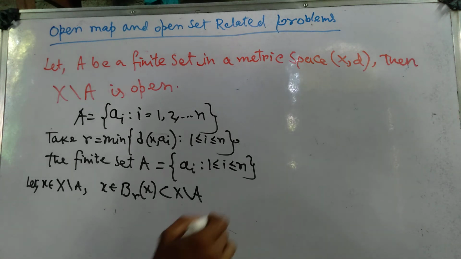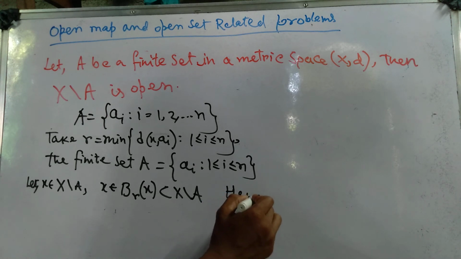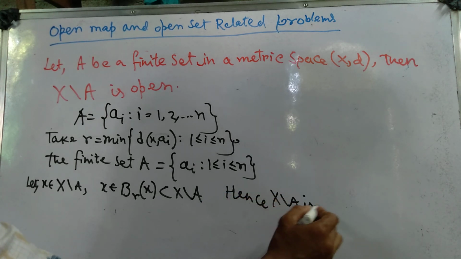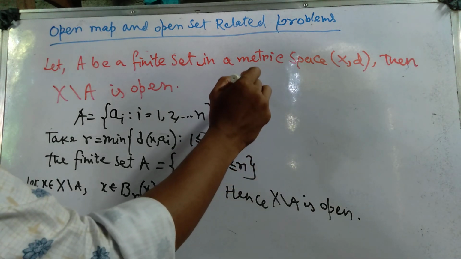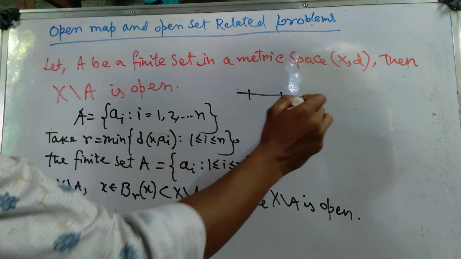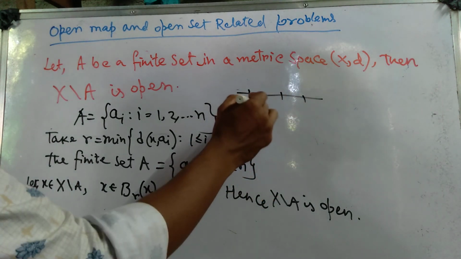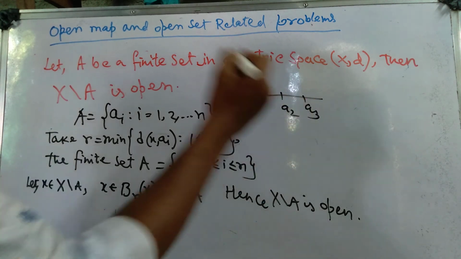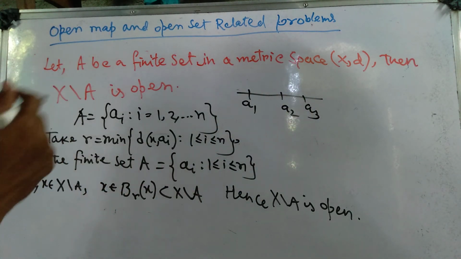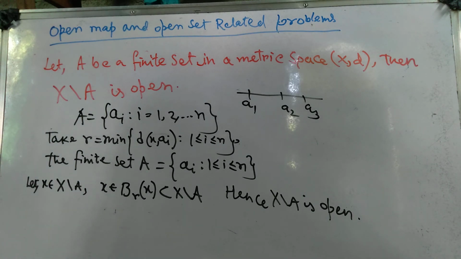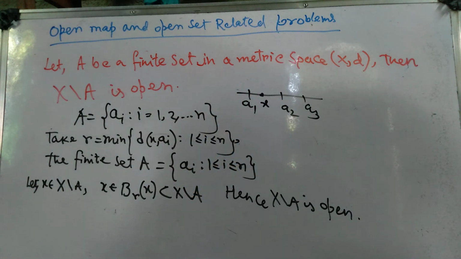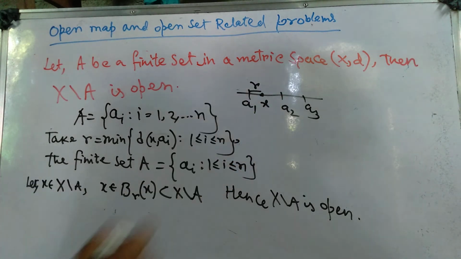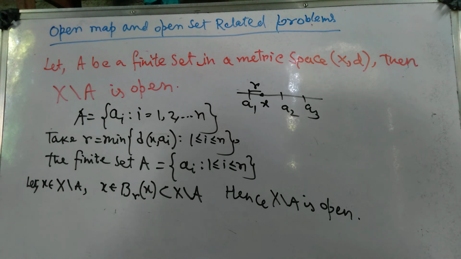So hence X difference A is open. But how is it possible? A finite set contains a1, a2, a3 in this way, and x does not belong to A. The minimum of d(x, a_i) is r. Now x belongs to B_r.